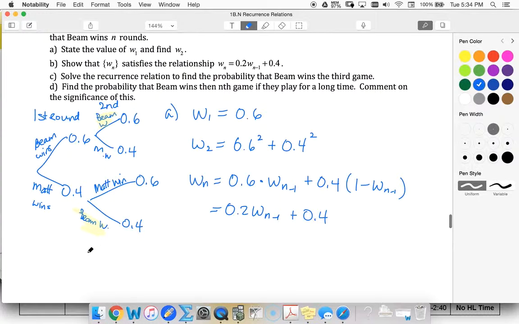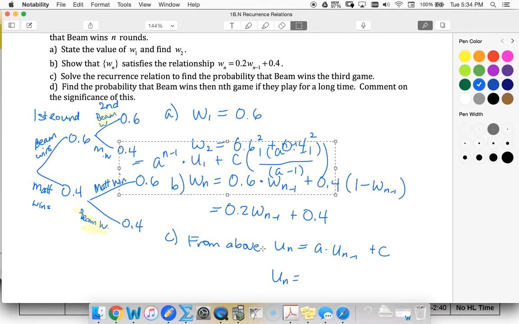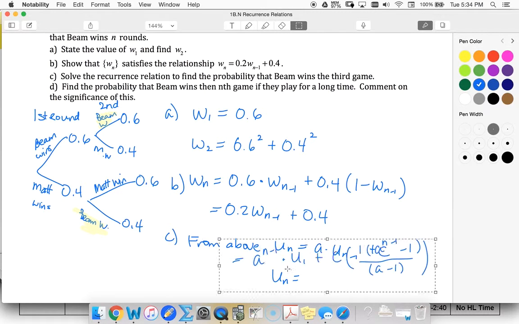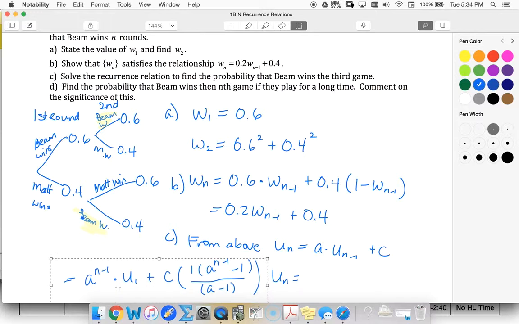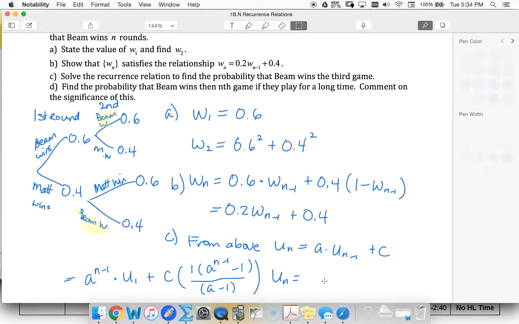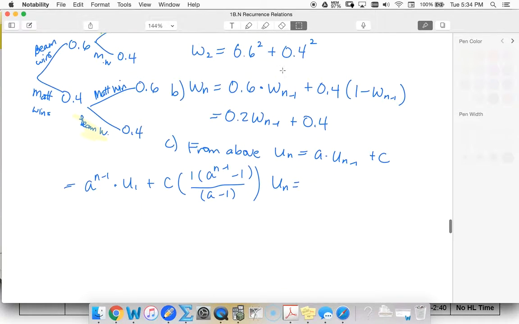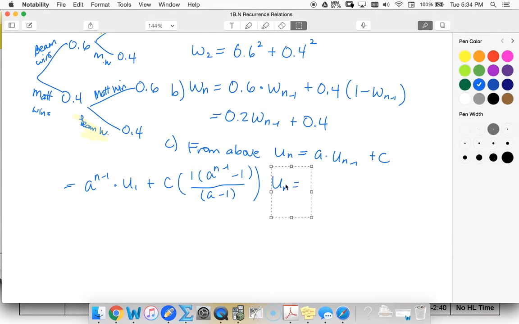And what we saw before is that if we've got u_n equals a times u_{n-1} plus c, then our u_n value is going to be equal to the formula, which I copied down earlier. Let's put it over on this side. So here's our formula that we had from before.